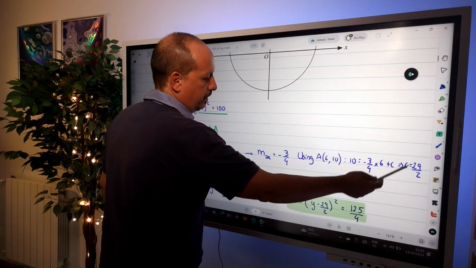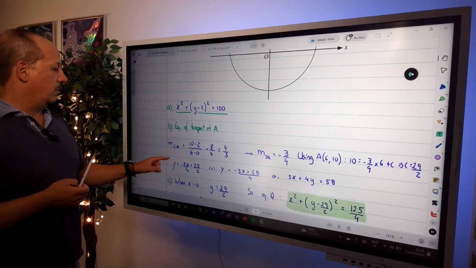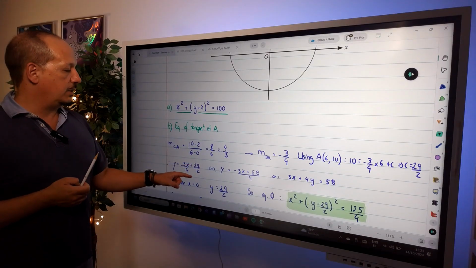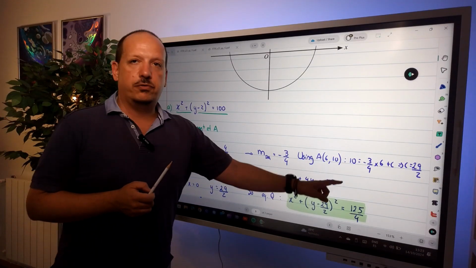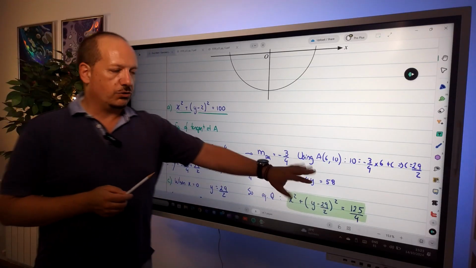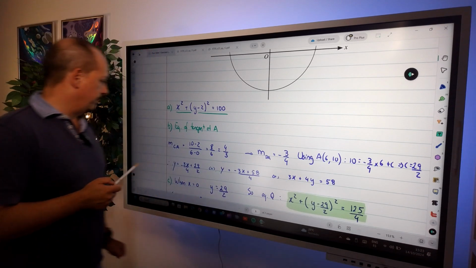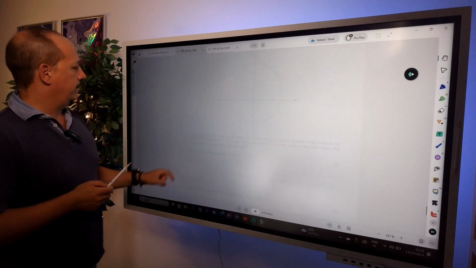First, I get the y-intercept. So this is going to be the equation of the tangent, y equals minus 3x over 4 plus 29 over 2. I actually put it in a simpler way, and I prefer writing it like this. And you're going to see later on why I just put it like that.